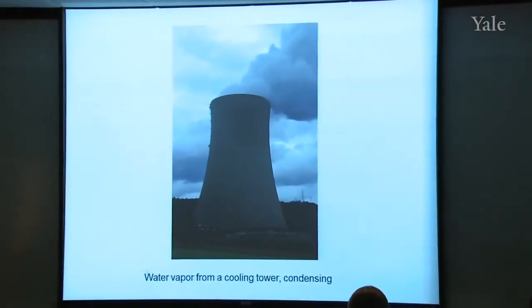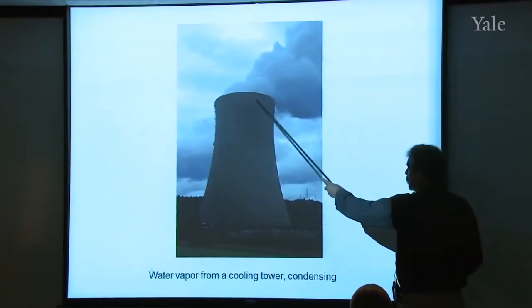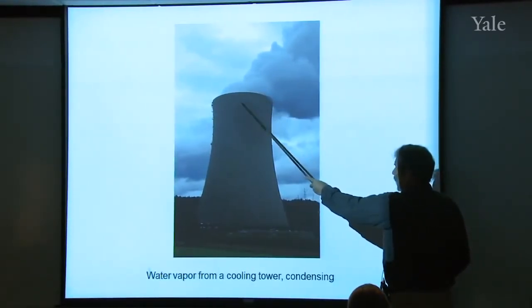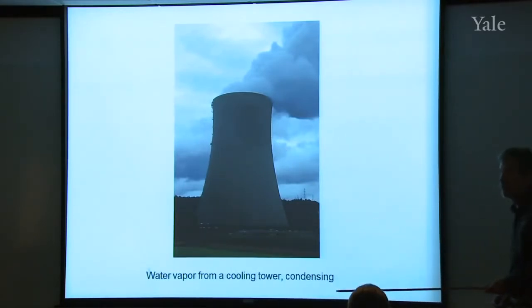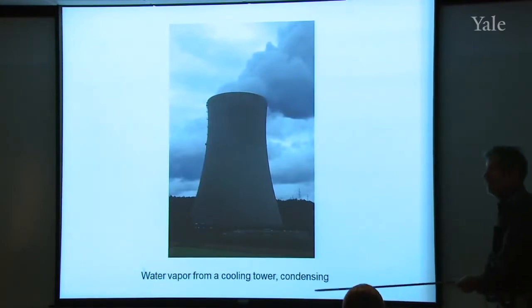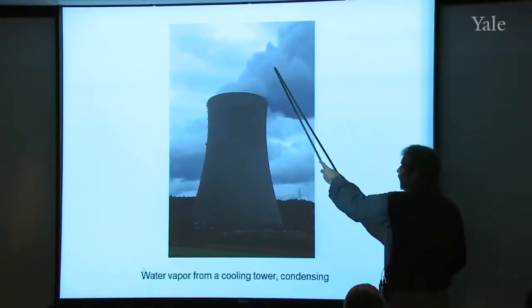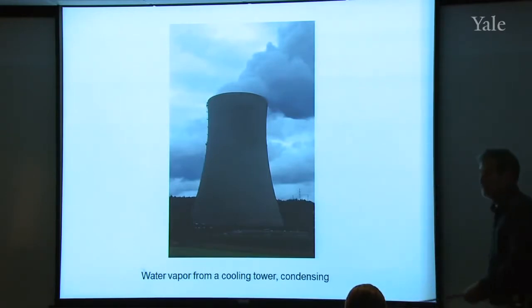If you have a cooling tower, like from a nuclear power plant, that's not smoke that's coming out of it, that's just hot, moist air. You're adding water vapor to a dry atmosphere, bringing it to saturation, and causing what appears to be a cloud. That's not smoke, that's just condensed water in a cloud.